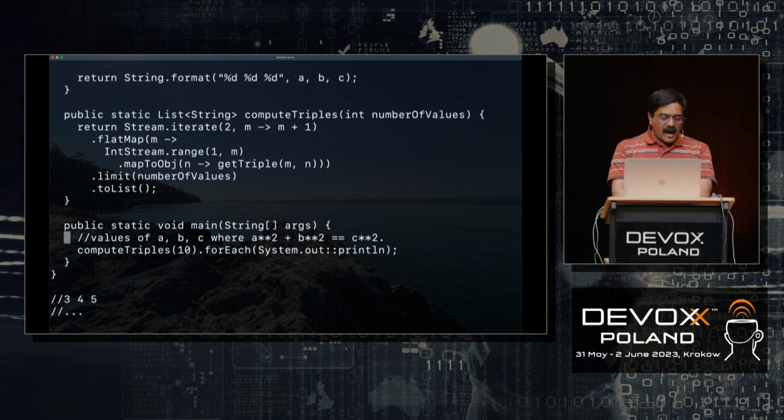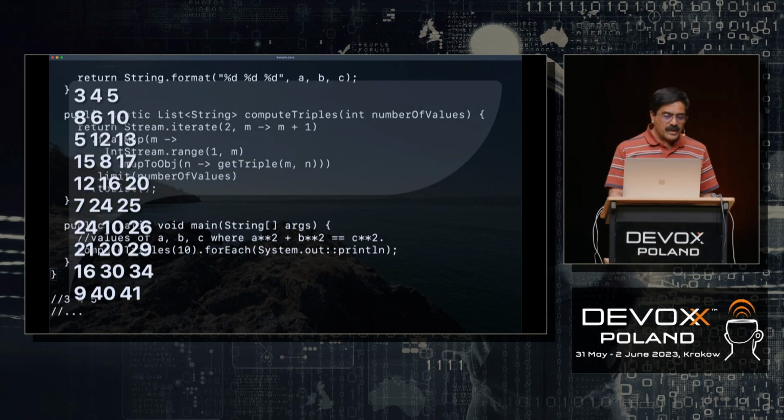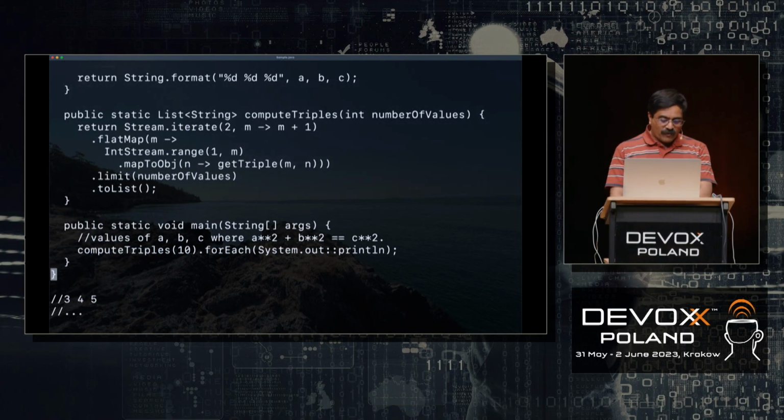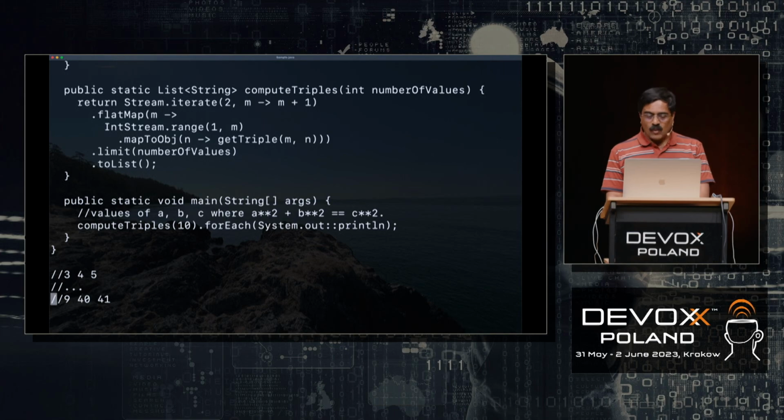So basically, the idea behind this is we create an infinite stream, we do a flatMap operation on it, we get the mapToObj for the triple, and then we get that many values, and then we return the list of those values in the end. And you can see the first value is 3, 4, 5. Last is 9, 40, and 41, exactly like the way it was.